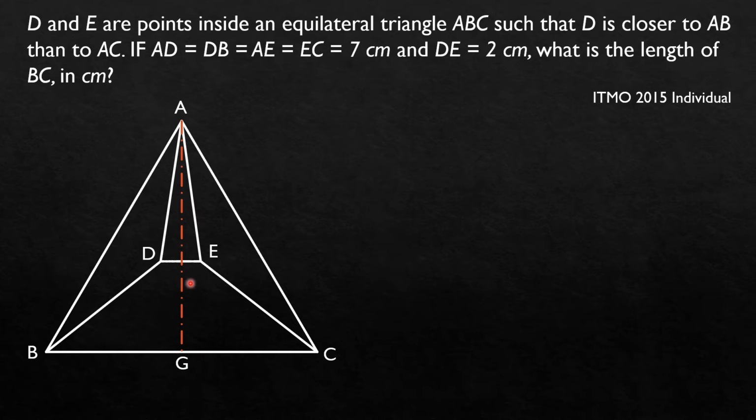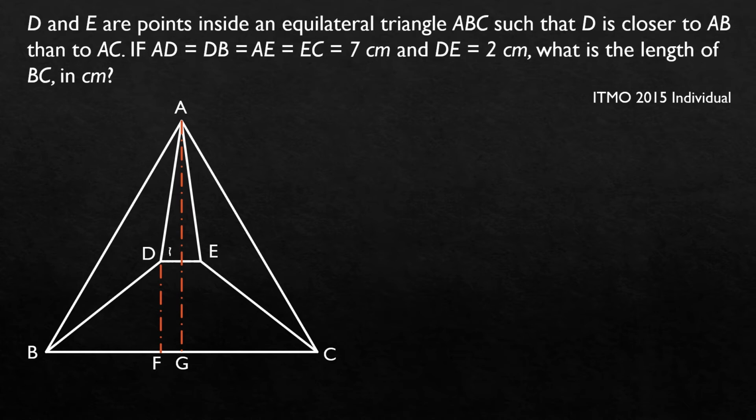Also, AG divides DE into two segments that measure 1 centimeter each. Also, let us introduce a perpendicular to BC from point D, and let us call the foot of that segment DF. Hence, DF is perpendicular to BC.